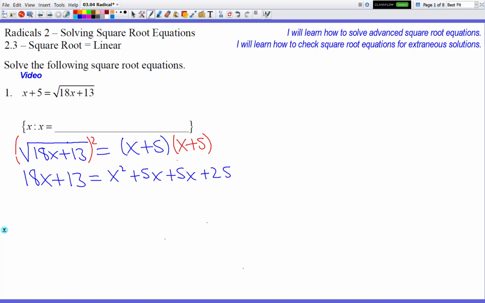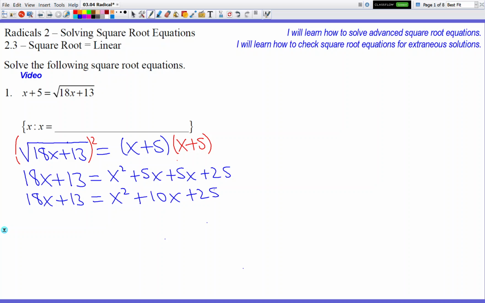I'm not writing it vertically like I did in the previous lesson last quarter. I'm doing it horizontally, so you guys got to make that transition. Okay, so let's combine like terms on the right side. So 18x plus 13 equals x squared plus 10x plus 25.